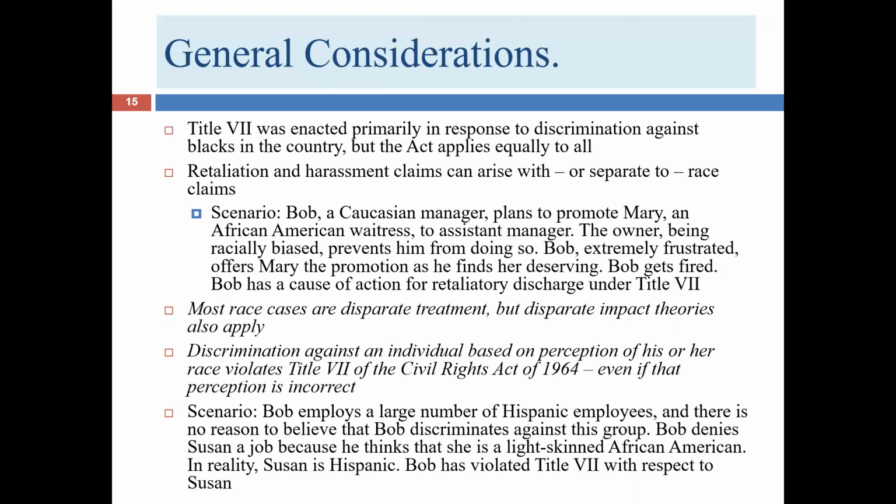It's not a requirement that Bob actually be African American. He can have a claim for retaliation in a racial discrimination case because his race is irrelevant. The important thing is that Mary was the victim of racial harassment and Bob was assisting her, in this case not by being a fact witness, but by actually doing the right things in terms of employment.